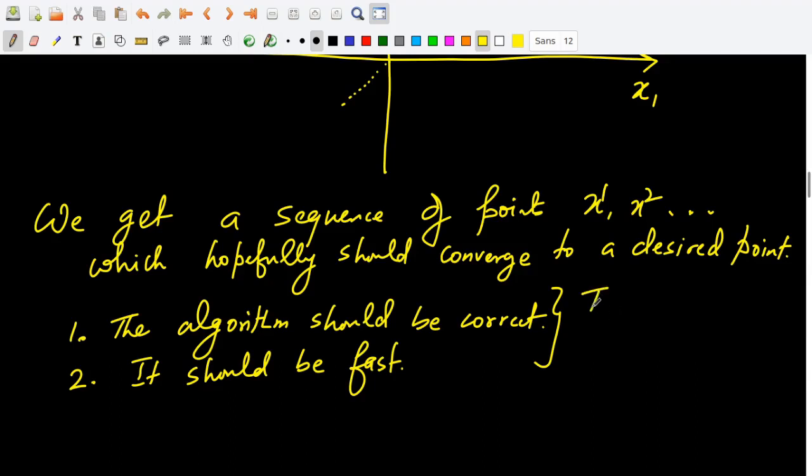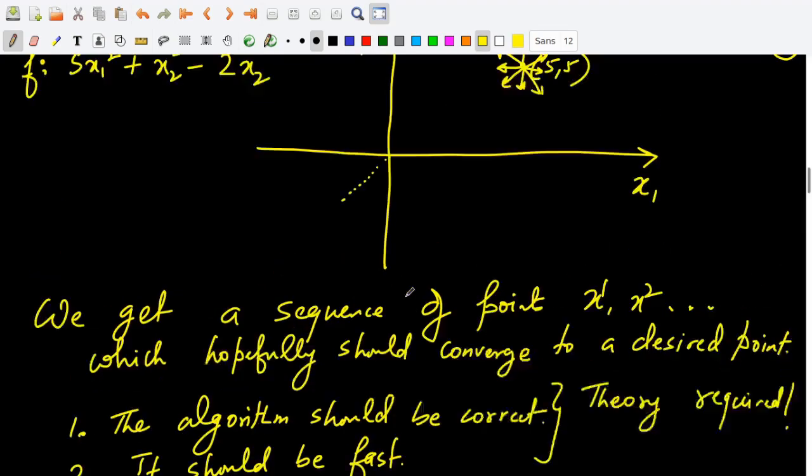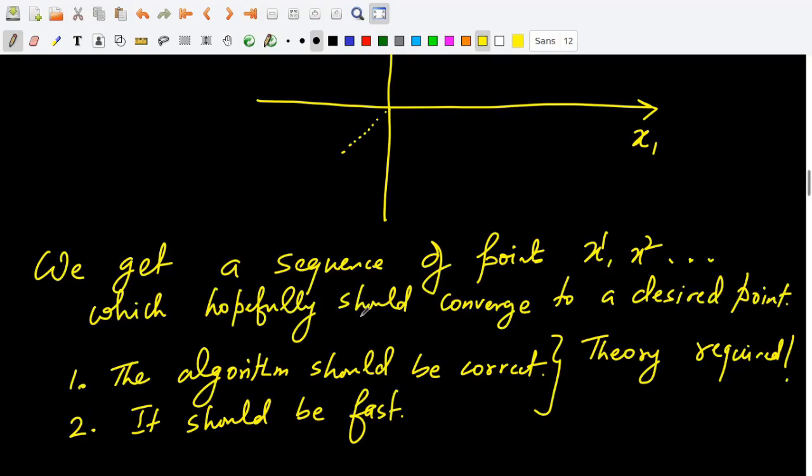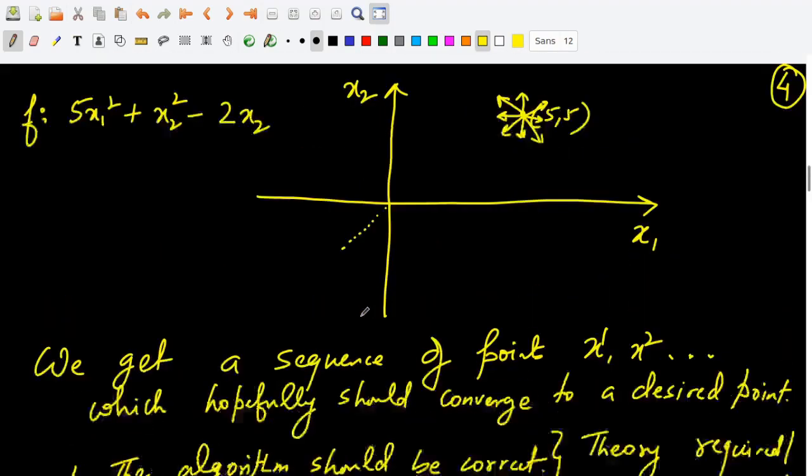So the theory is required for both these things, and sometimes it can be quite non-trivial and tricky. So we will try to look at some of the theoretical aspects of these algorithms as well.